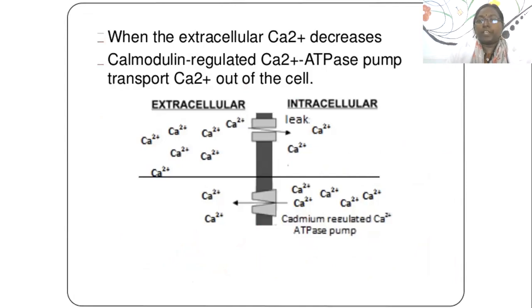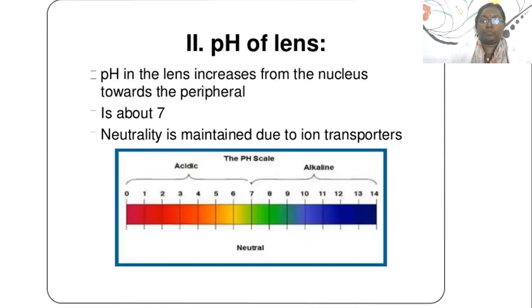And the extracellular calcium decreases. Calmodulin regulated calcium ATPase pump transports calcium ion out of cell. pH of the lens is around 7. pH of lens increases from nucleus towards the periphery.